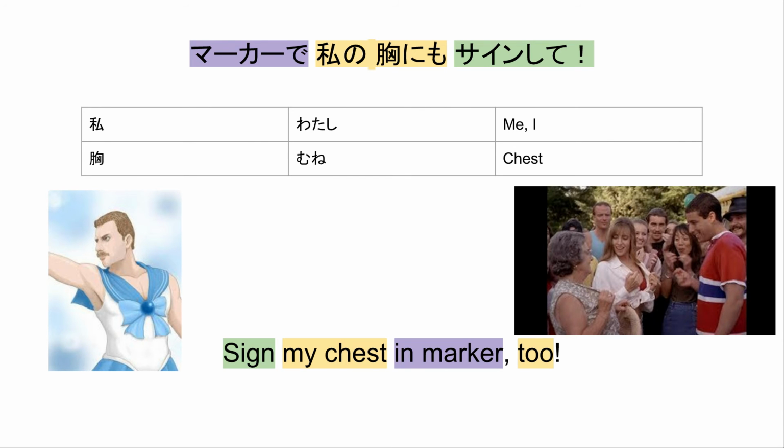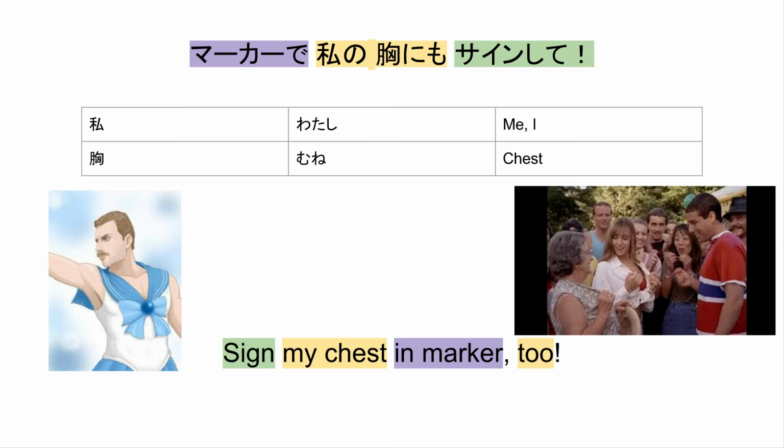Maka de watashi no mune ni sign shite. So the te form by itself is almost a command. Ne, nanika yatte. So please do something, ne. So all the kids would yell the te form to get me to do something when I was in Japan. If you don't know the reference on the left, that's Freddie Mercury. It looks like you want to write on his chest.